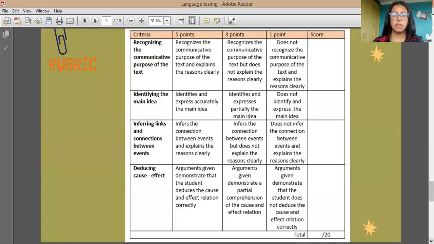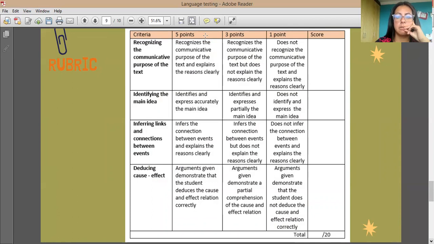And then the rubric, we have the criteria, and it is based also on the objectives that I was mentioning. Recognizing the communicative purpose of the text, identifying the main idea, inferring links and connection between events, and deducing cause and effect.